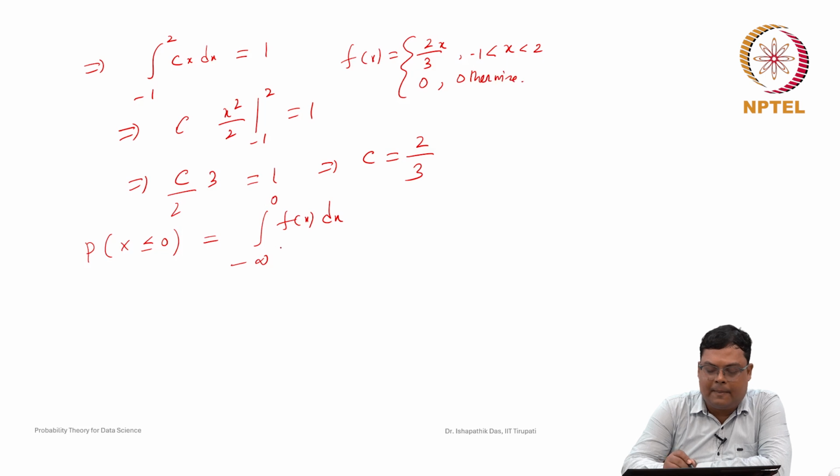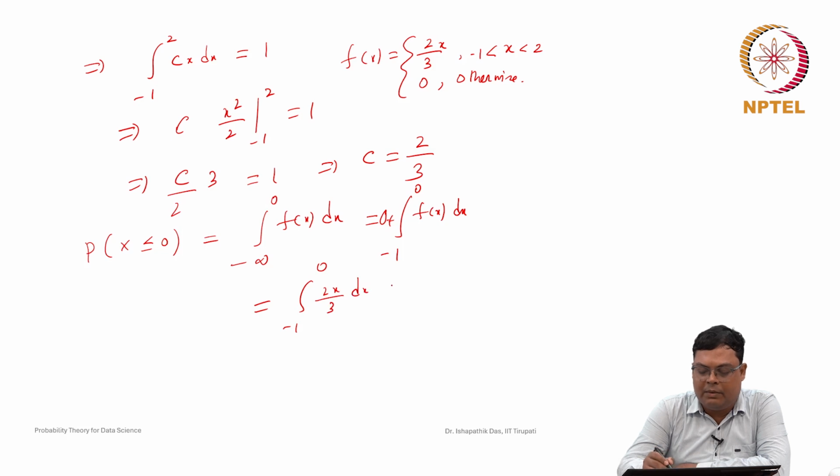The probability only receives contribution where the density is non-zero, so the integral from minus infinity to -1 is 0 because the function is 0, plus the integral from -1 to 0 of 2x by 3 dx.